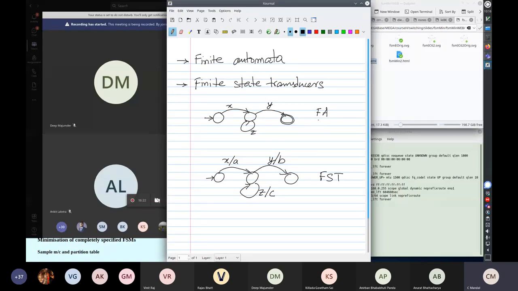Are you okay with this? I've just drawn some representative diagrams. So now what you can see is that you can consider these to be your symbols.